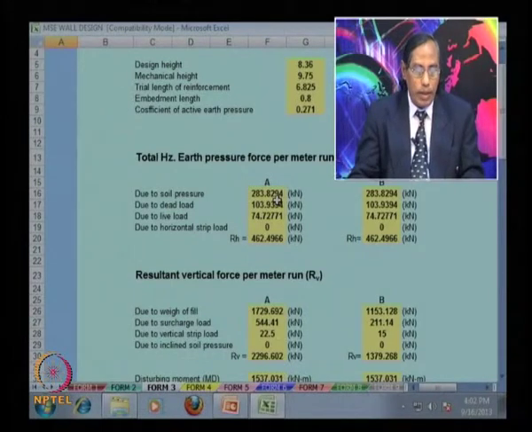So you can calculate this pressure: you know the K of A value, you know the gamma value, and you know the height. So you can calculate half K gamma H square. And there is combined load A and combined load B. Combined load A is when it is the maximum value, when all loads are taken into consideration in the design.